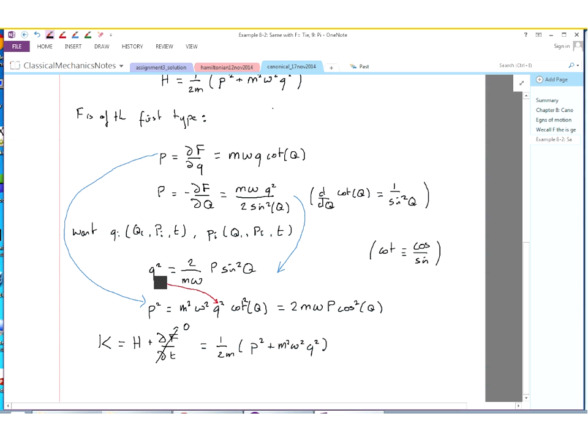And I just wrote out equations for q squared and p squared in terms of big P and big Q, right? So I'll just add those in here. That's 1 over 2m. So the little p squared is equal to 2m omega capital P cos squared of capital Q plus m squared omega squared times q squared, and q squared was equal to 2 over m omega P sine squared Q.